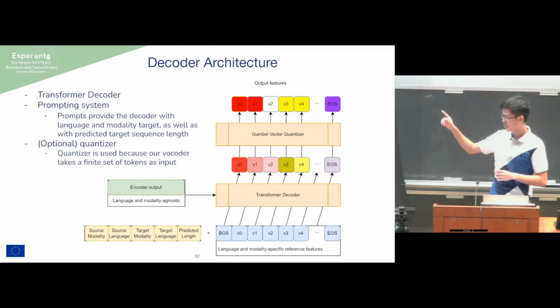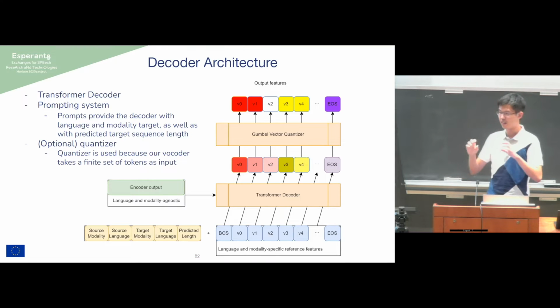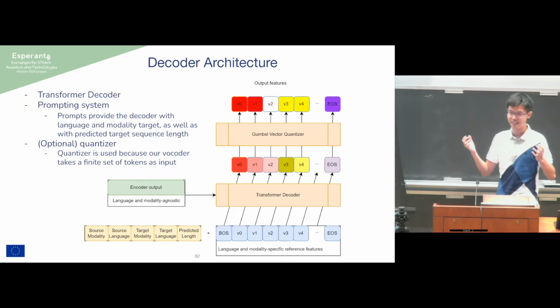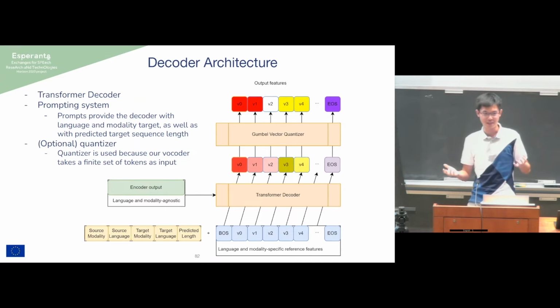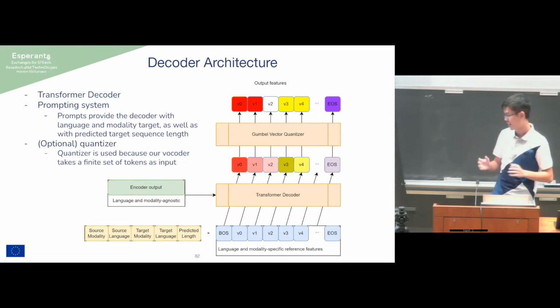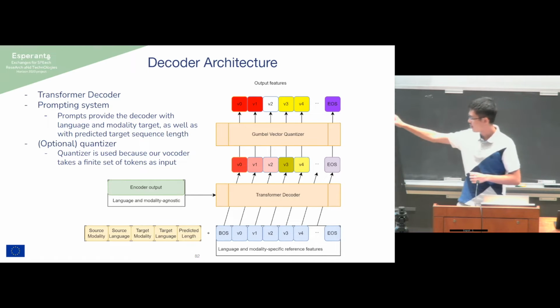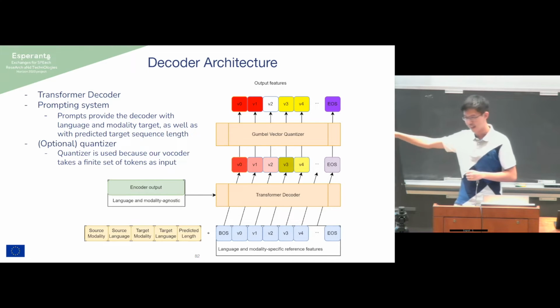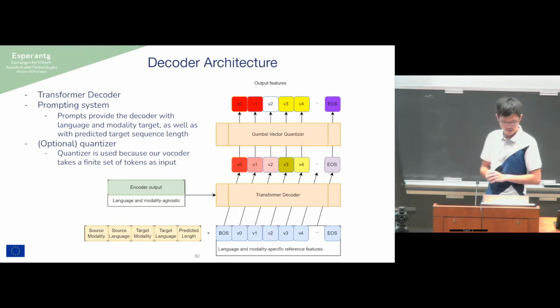The source language and source modality are included to account for potential imperfections in our encoder space, because the assumption is that the encoder output should be language and modality agnostic, but that may or may not be 100% the case on all occasions. And finally, a predicted target sequence length, something that I will go into in slightly more detail in the next slide.